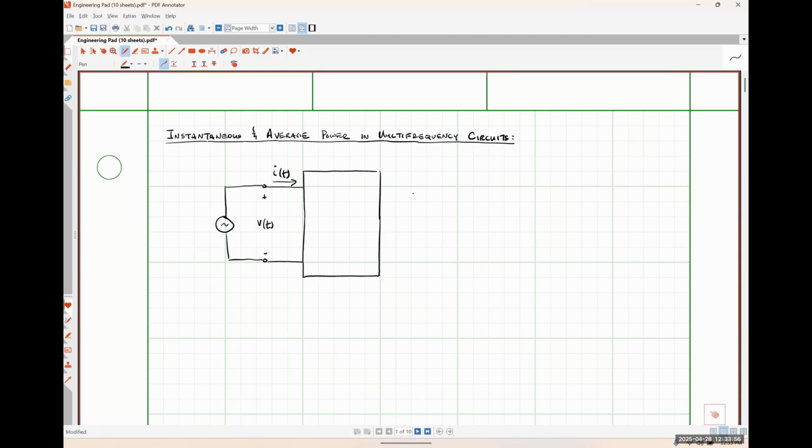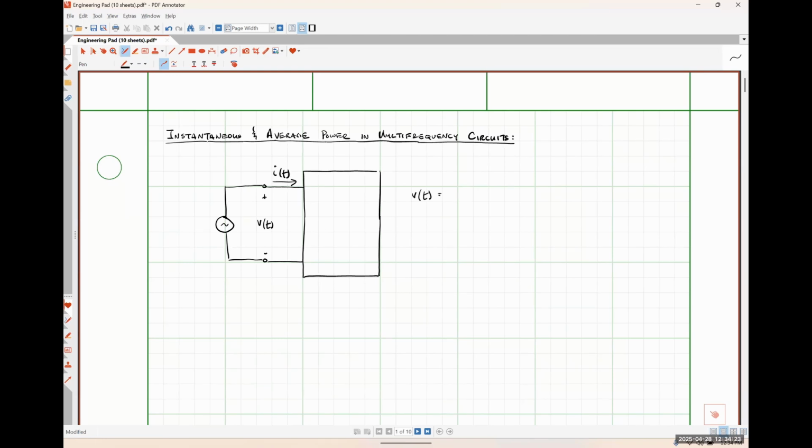So this time, let's say that our voltage v of t is going to be composed of two different sinusoids oscillating at different frequencies. I'm going to limit our look at this phenomenon to two excitation frequencies because, as you'll see, the math gets real terrifying real fast, and anything beyond this would just be utterly overwhelming.